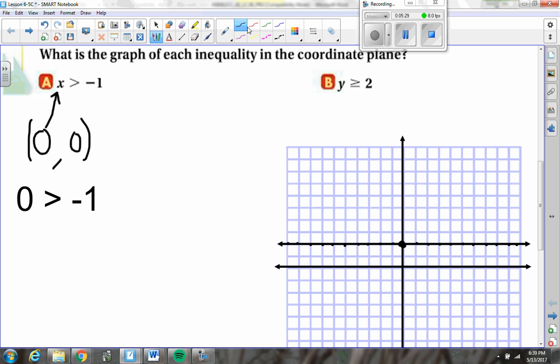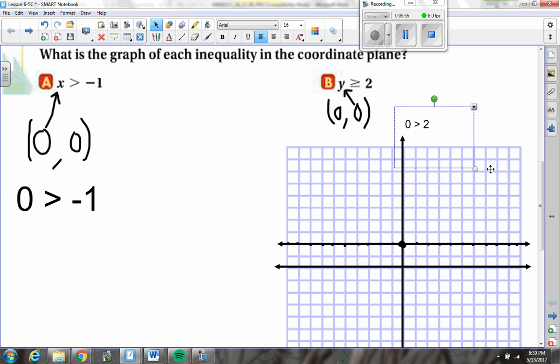Now, if I put in the point 0, 0, again, there's no x variable here, just like in letter A there was no y variable. So the 0 for x isn't going to go anywhere. Just the 0 for y goes in there. And the question for us is, is 0 greater than or equal to positive 2?